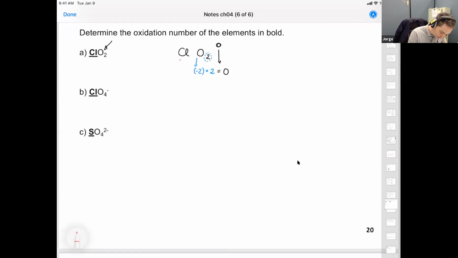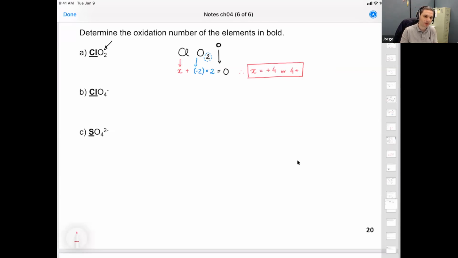The oxidation number of the chlorine is what we are looking for, so I'm going to call it X, multiplied by 1 because we just have one atom of chlorine in this structure. Therefore, the only possible value for X is +4, or you can also write 4 plus. It doesn't make any difference here. So that's the oxidation number for chlorine in the compound ClO2.